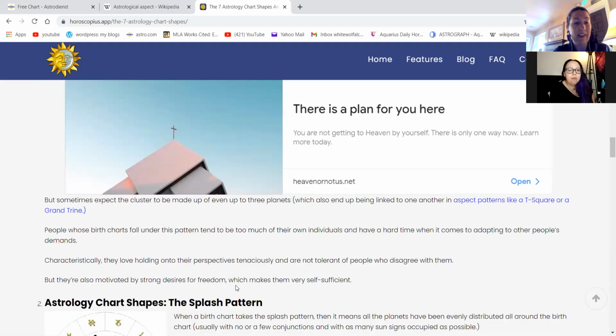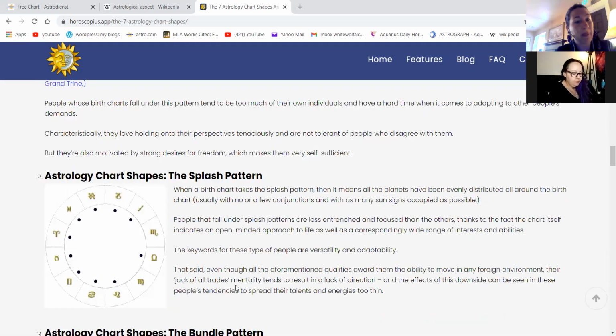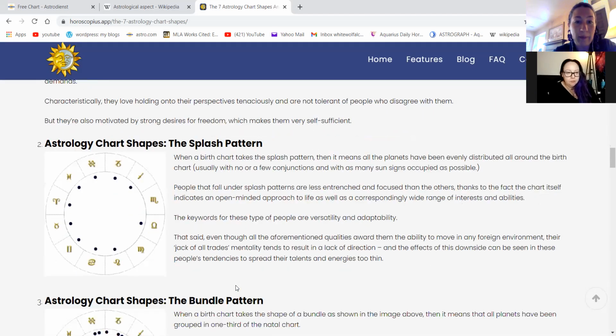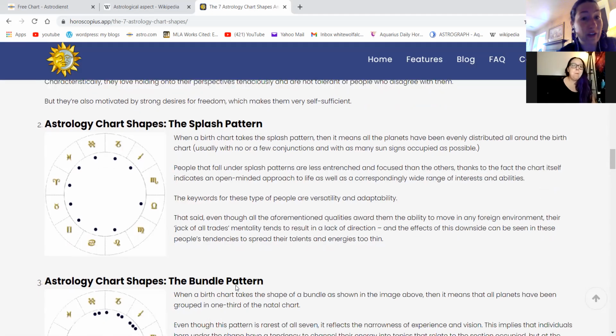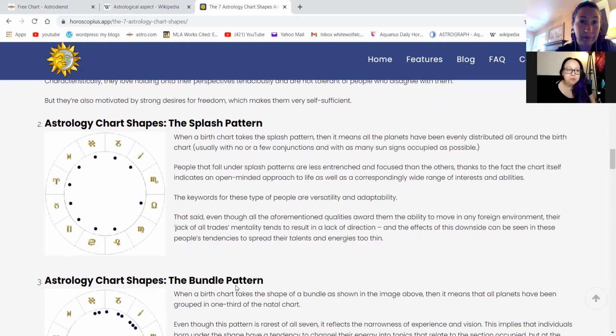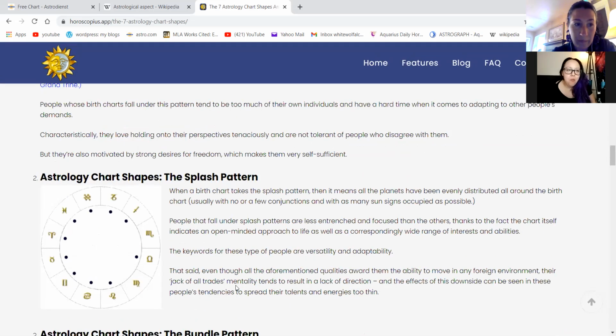Interesting. Then we have this splash pattern that's very well rounded everywhere. So when a birth chart takes the splash pattern, it means all the planets have been evenly distributed all around the birth chart, usually with no or a few conjunctions. Notice the patterns of literally either no or a few conjunctions. Wow.